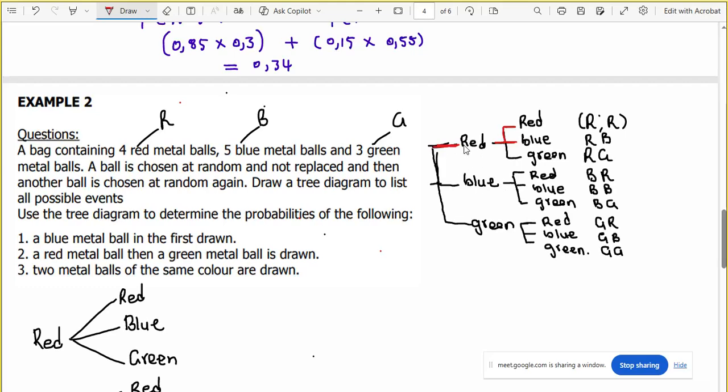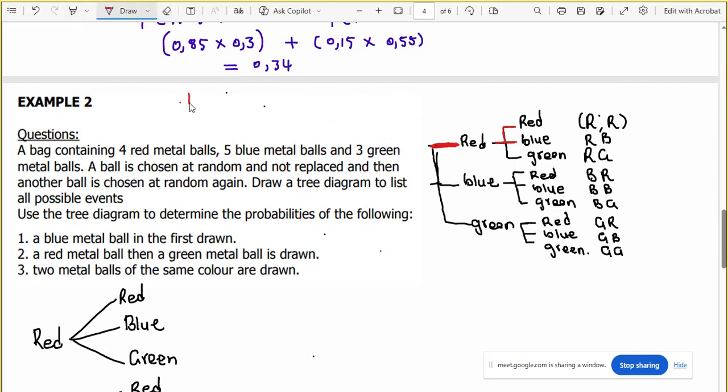Okay, so now, what is the probability that we get red? What is the probability that the first pick was red? You count how many red we have. So there are 4 of them over the total number of balls inside the bag.